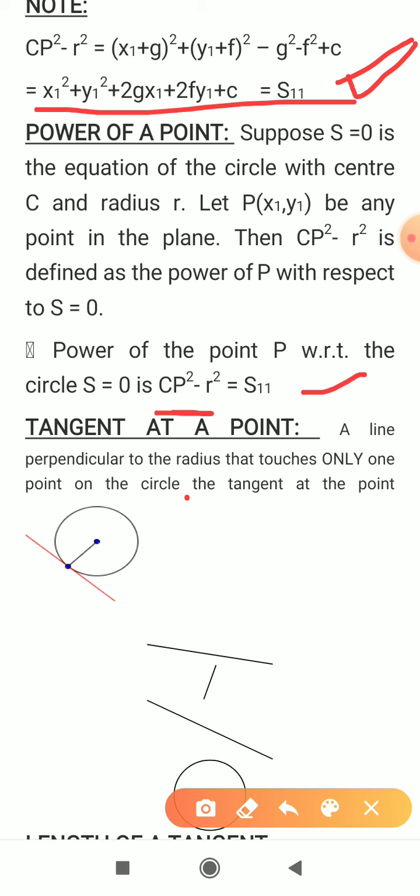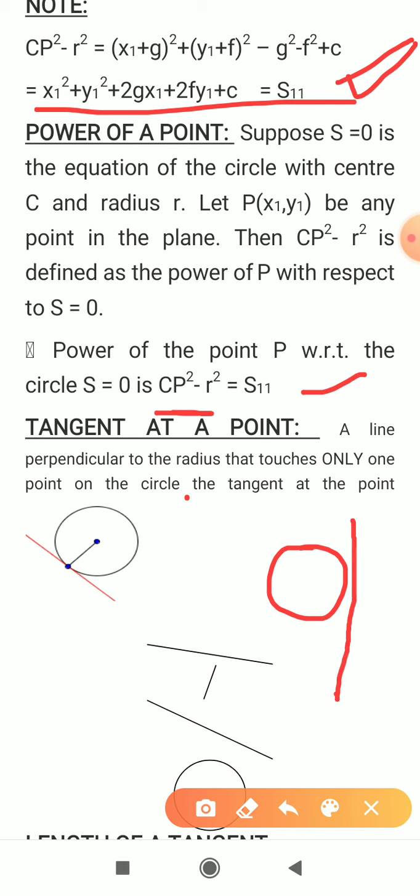Tangent at a point means the common point is one, and there is only one tangent at the point. Tangent from a point: this is the circle. From means the point is external. From this point we draw two tangents like this.